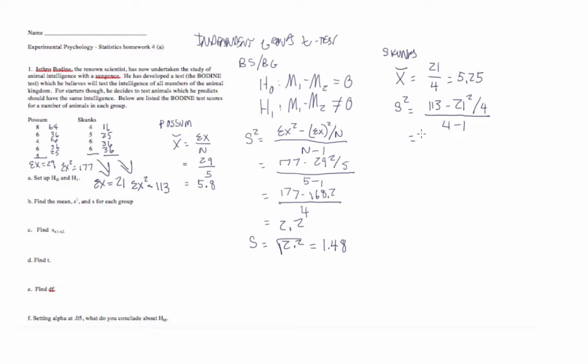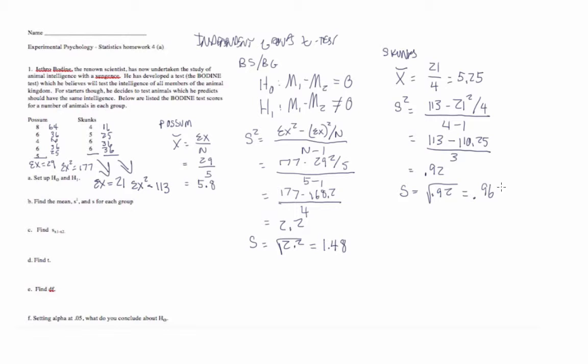So skipping on down is going to give us 113 minus 110.25 over 3, which gives us 0.92. And so our standard deviation is 0.92 under a root sign, which is equal to 0.96.